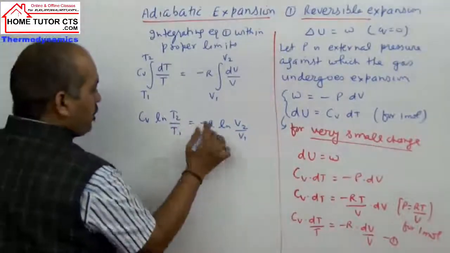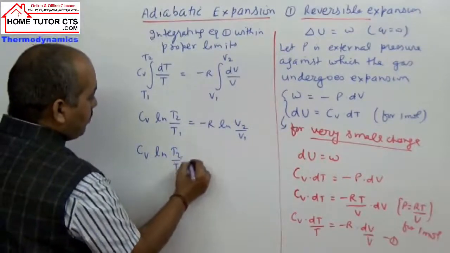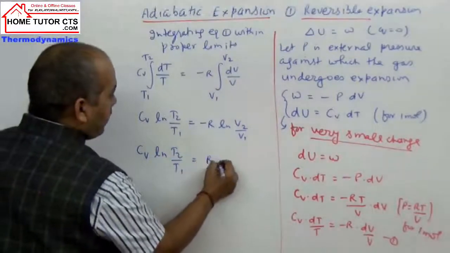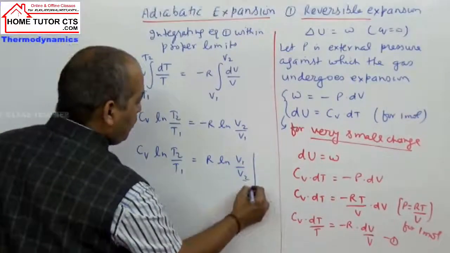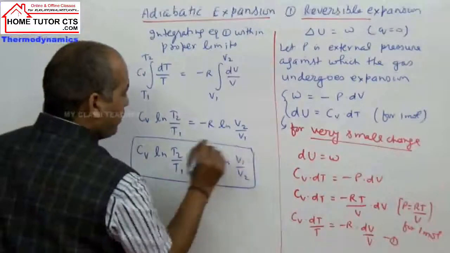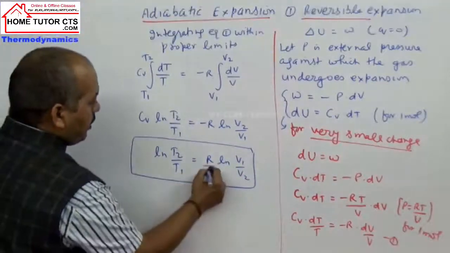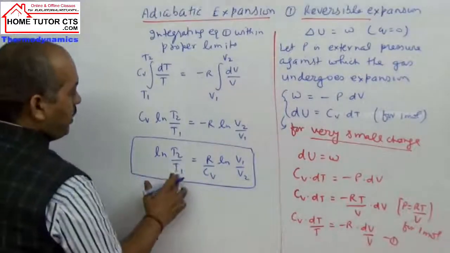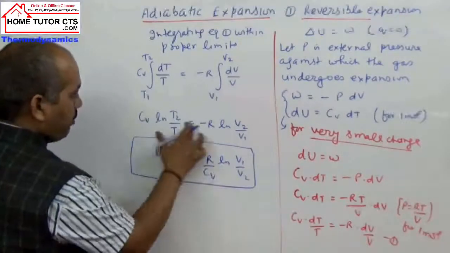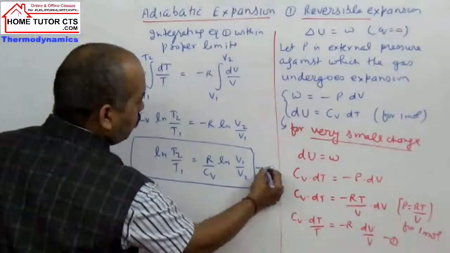If I make the sign positive, I can write Cv ln T2 by T1 is equal to R ln V1 by V2. It is one expression I can write here, or better, I can write R by Cv ln T2 by T1 is equal to R upon Cv, sign made positive, so V1 by V2. Equation number 2.